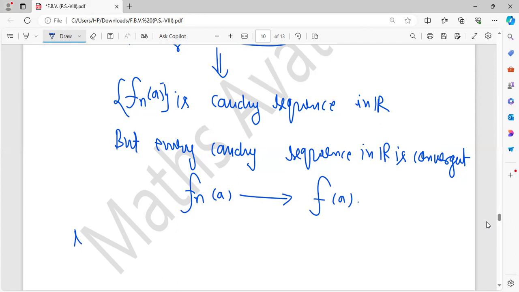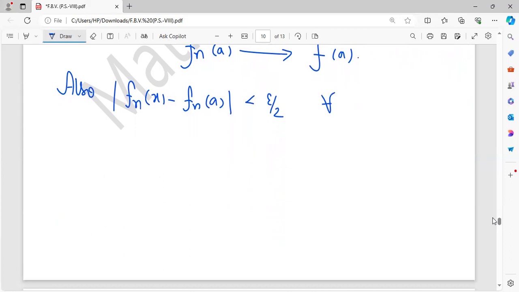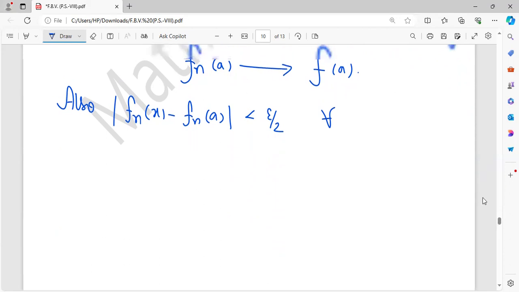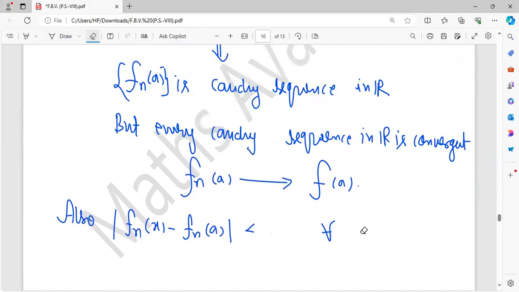Now also, |(f_n(x) minus f_m(x)) minus (f_n(a) minus f_m(a))| is less than epsilon by 2 for all n, m. I made a mistake. This is here.